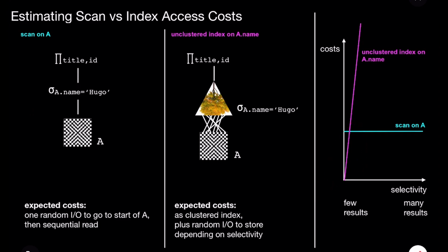Much better than scanning in the first place. Whereas when you scan, it's basically a constant. You scan the input, it's linear costs in the number of tuples. There's no variation. It doesn't depend on whether tuples qualify or not, because the actual cost is reading the data in the first place. And then you get curves like that.